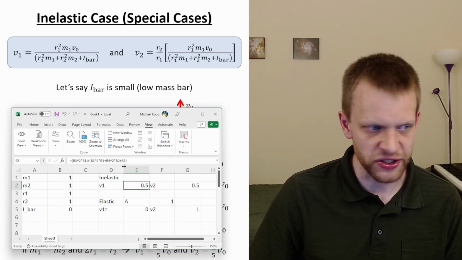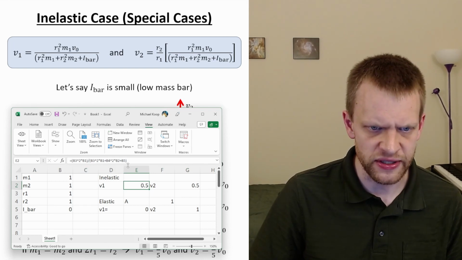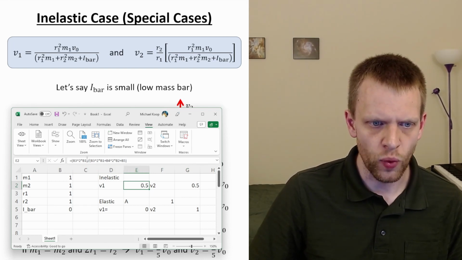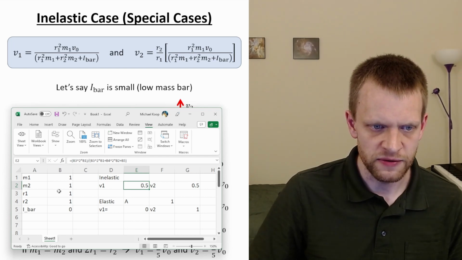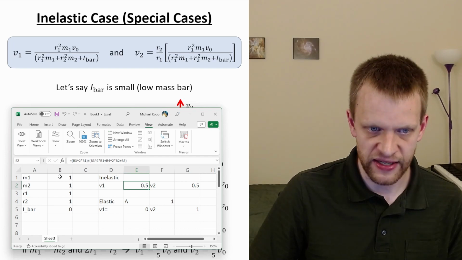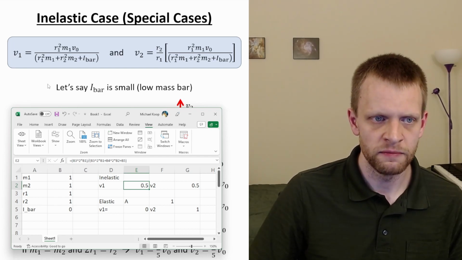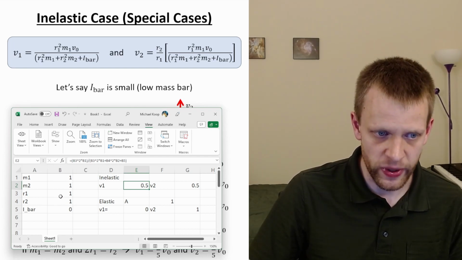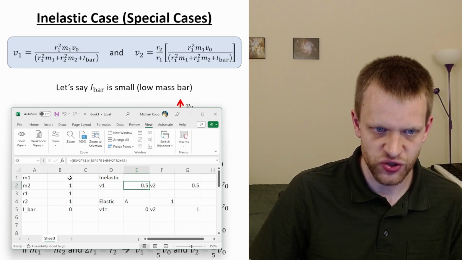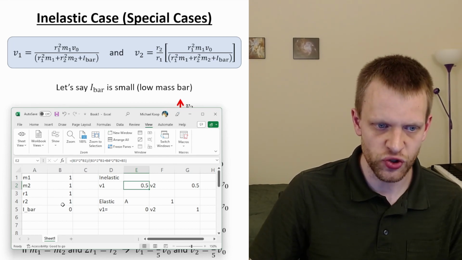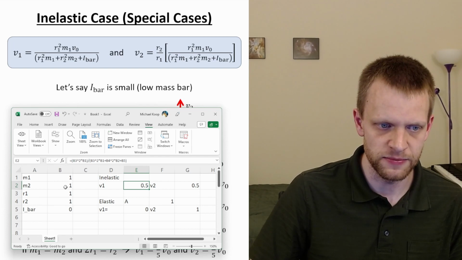Notice this equation here: we've got R1 squared, that's cell B3, squared, times B1 for mass 1, divided by R1 squared times mass 1, plus R2 squared, that's this cell, times M2.